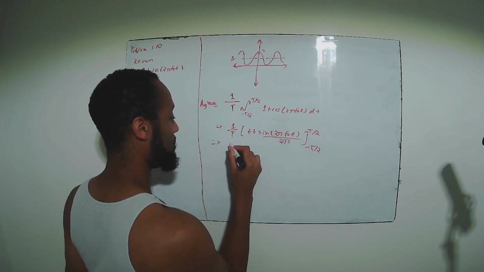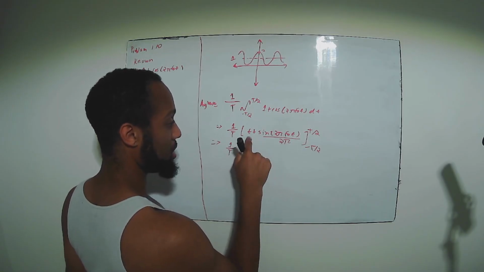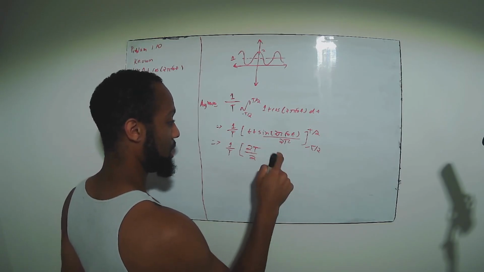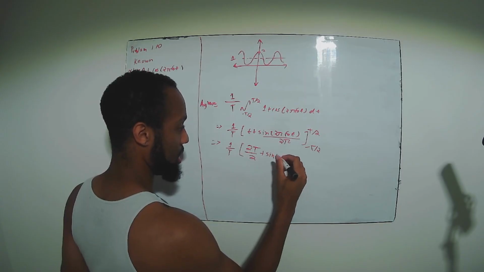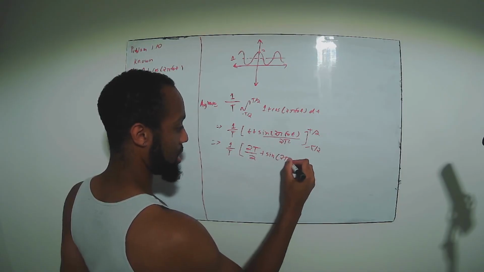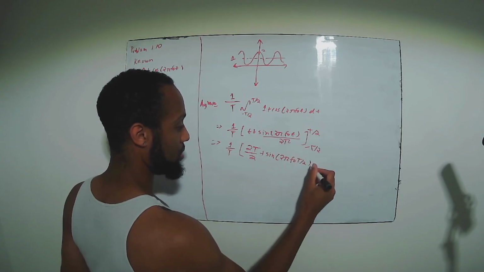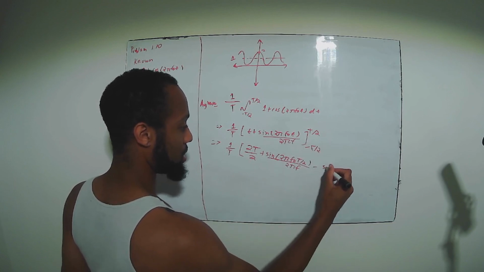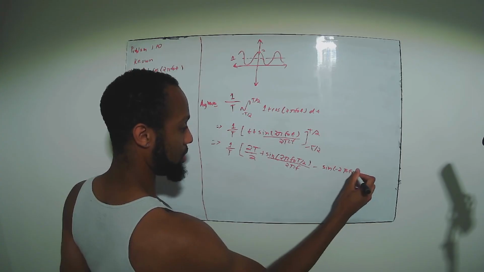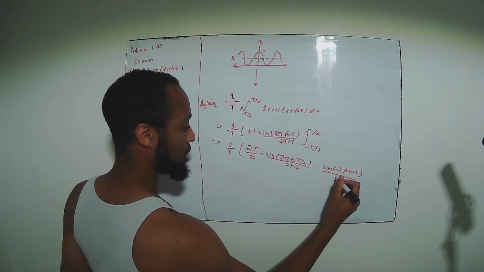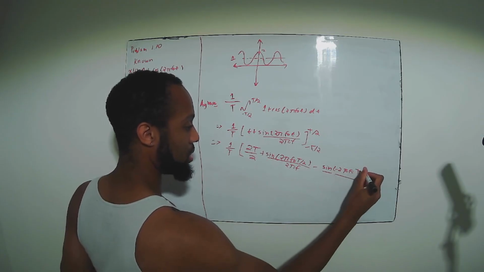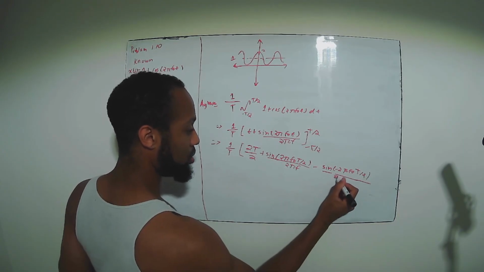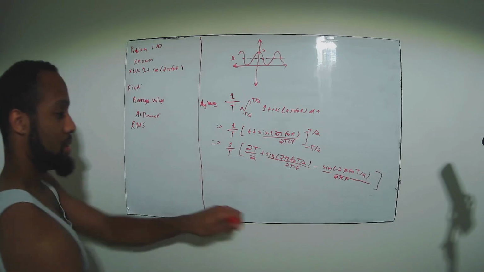So we get 1 over T, times T over 2 minus negative T over 2, so that's positive T, and then sine of 2 pi f naught T over 2, over 2 pi f naught, minus sine of minus 2 pi f naught T over 2, over 2 pi f naught. I forgot the f naught here. These are going to cancel one another.